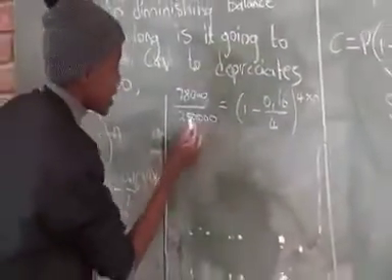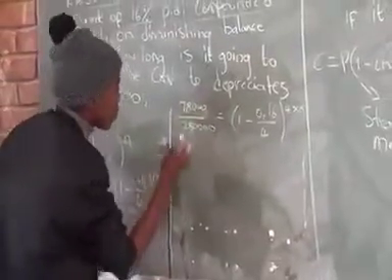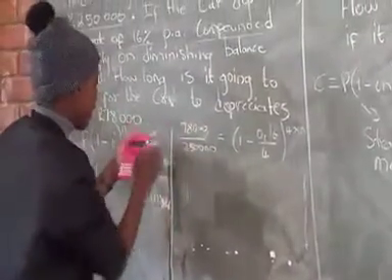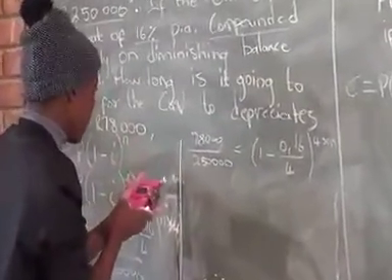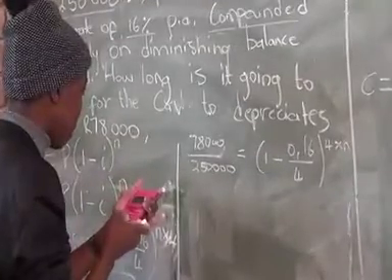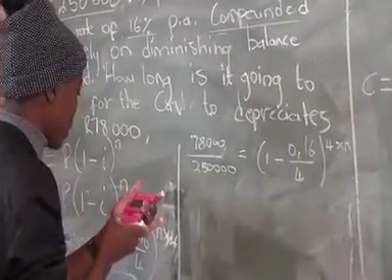Let me just simplify it a bit further: 78 divided by 250.